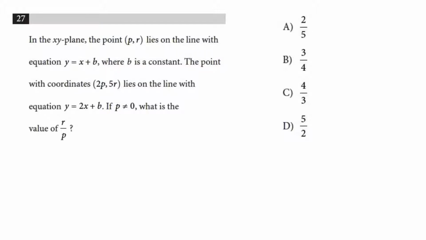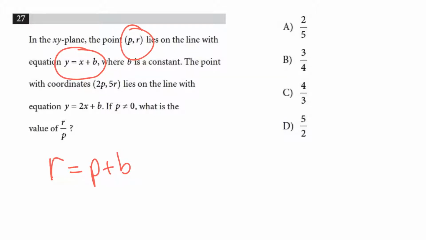Okay, so we know that if this point lies on this line, then we can substitute the y and the x with r and p. So we have r equals p plus b.